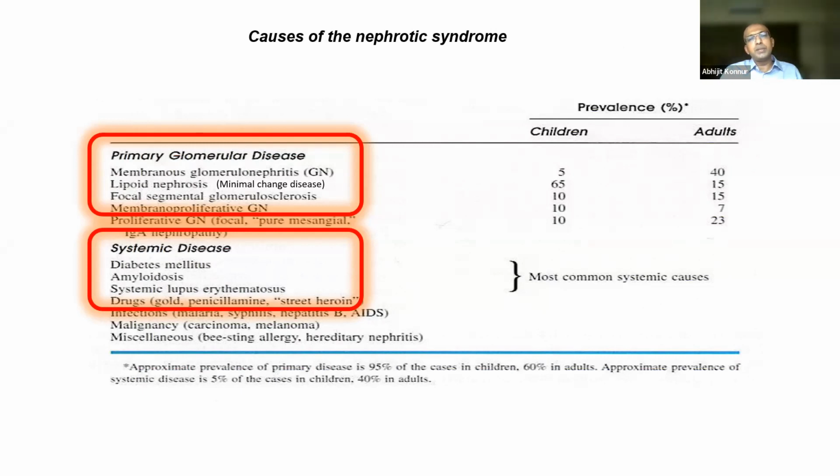Membranoproliferative and IgA nephropathy sometimes, rarely, can be causes of pure nephrotic syndromes. In the systemic diseases, you have diabetes mellitus, which is the commonest cause of nephrotic syndrome all over the world as of today, and also amyloid, lupus, some drugs, malignancies, infections, and miscellaneous.